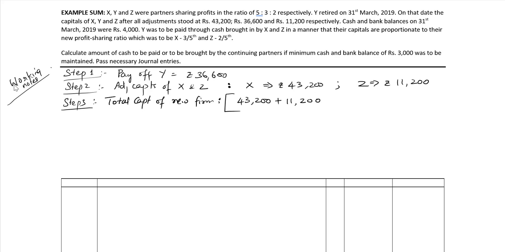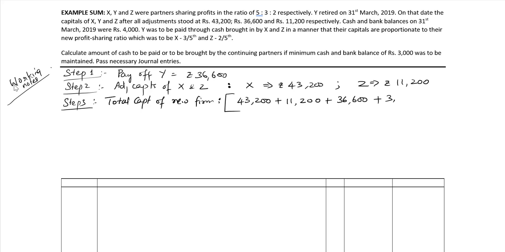We need to add the amount which is paid off to the retiring partner Y, plus 36,600. We also need to add the desired bank balance. The second para says calculate the amount to be paid or brought in by the continuing partners if minimum cash and bank balance of 3,000 was to be maintained.